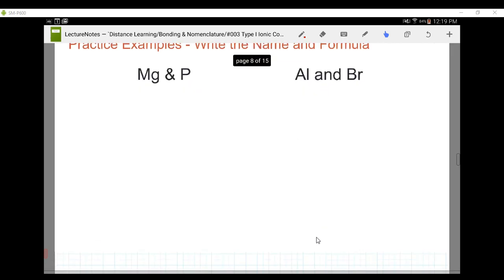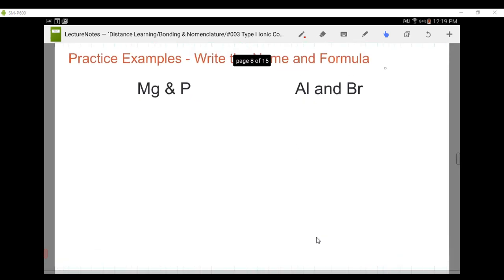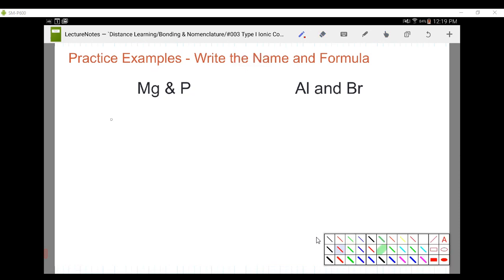Last two, let's slide it down a little bit. We have magnesium and phosphorus, and then we have aluminum and bromine. To make magnesium and phosphorus be electrically neutral, I need the lowest common multiple again. So I'm going to go to 6 because I have a positive 2 and a negative 3.